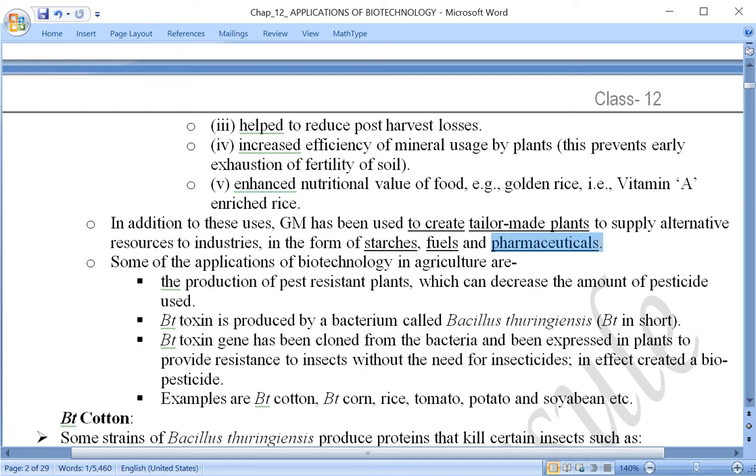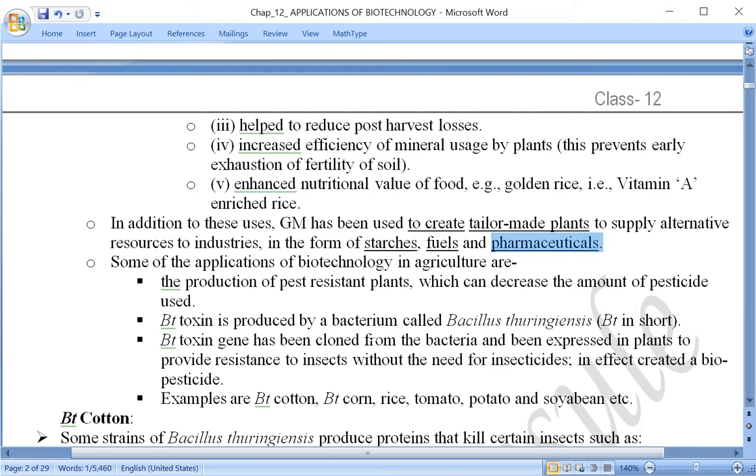If the gene for pesticide is inserted into the plant variety, this plant will be able to produce a particular kind of substance which acts against these insect pests, and so the insects and pests are going to die. Further infestation or infection cannot be possible here, and it has been done in the past.